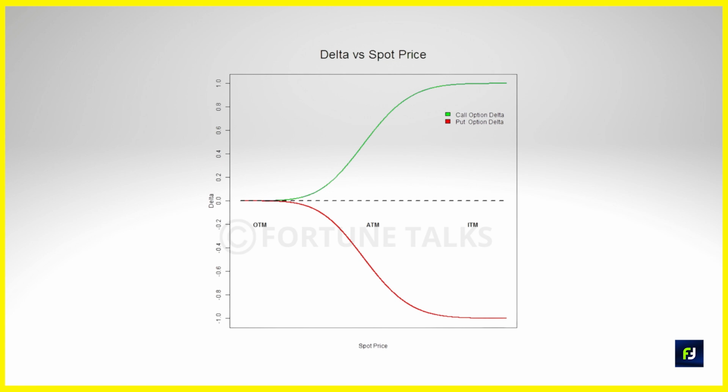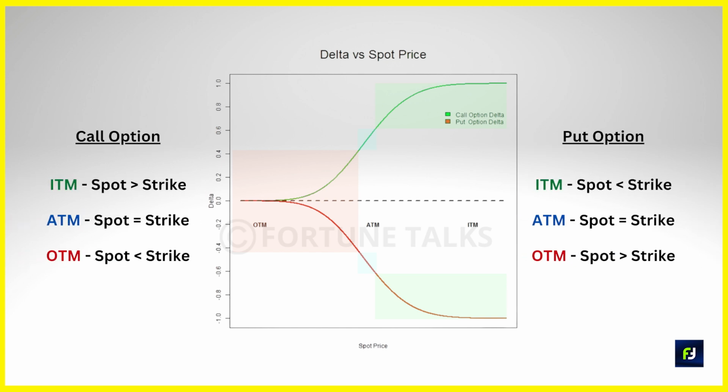I will help you understand this using an example. But before that, as we have seen in one of the previous episodes, an option could be in any one of three states. It could be in the money or ITM, at the money or ATM, or out of the money or OTM. Just a recap: a call option is in the money if the strike price of the call is less than the spot price.